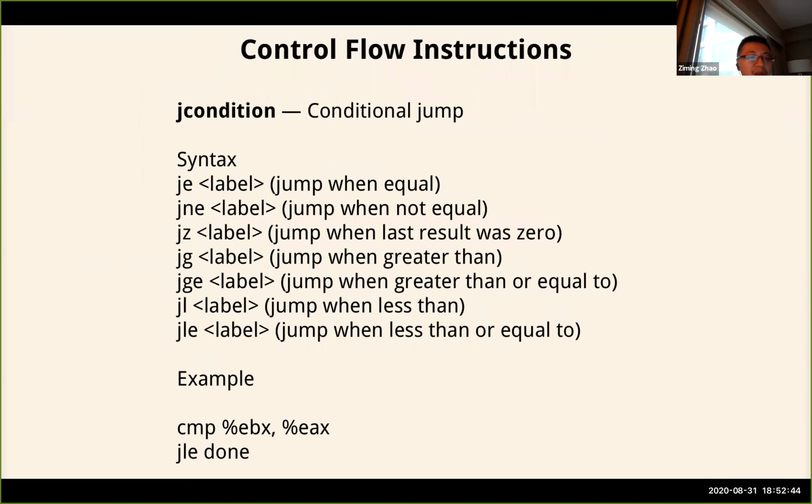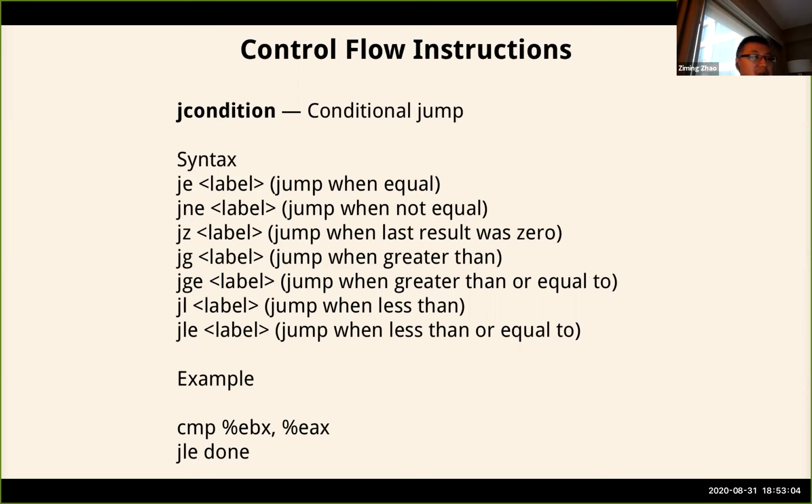But some of the jumping instructions are conditional jumps. They are based on the status of a set of condition codes that are stored in the flag register, the EFLAGS.